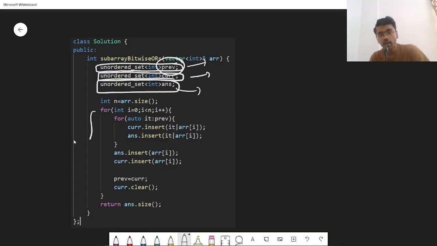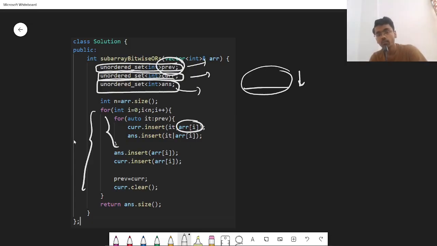So first of all, our external loop denotes that if we are standing at i, how many possible subarrays are there, or how many possible bitwise values we have till now. The second part: whatever bitwise values we have previously, just iterate on them and OR them with the current value. After ORing with the current value, also store it in our answer, because in the end we just need to return the answer dot size.